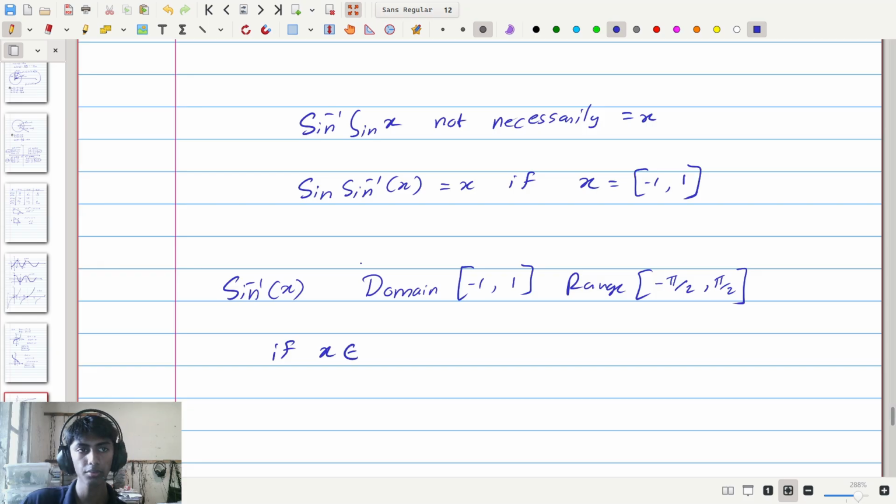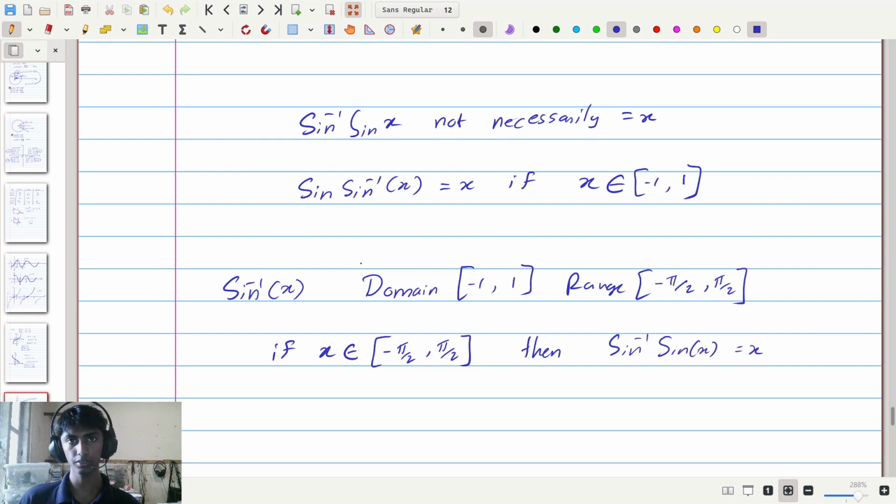I should say here also I made a mistake. Here this is not an equal sign. This should be an element of sign. Similarly here, if x is between negative pi by 2 and pi by 2, then sine inverse of sine x is actually equal to x, because within that range we have a one-to-one correspondence between sine x and sine inverse x's values.